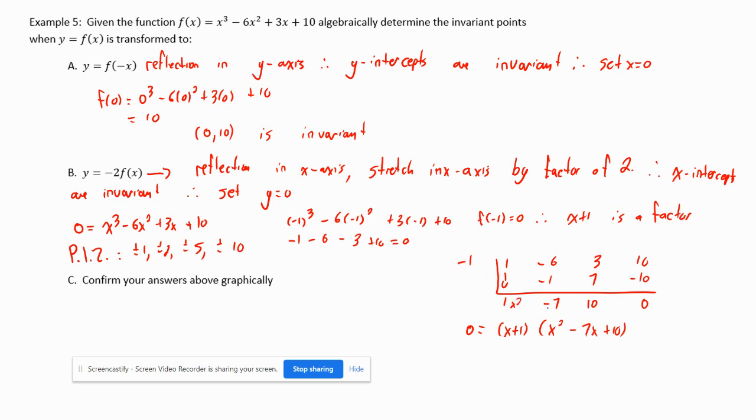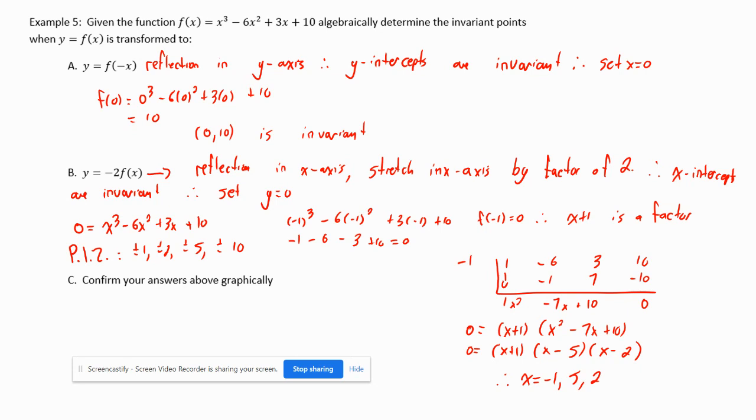This is x squared minus 7x plus 10. This guy factors further. So this is still a quadratic here. So we get 0 equals x plus 1, x minus 5, x minus 2. So therefore, x equals negative 1, 5, 2.